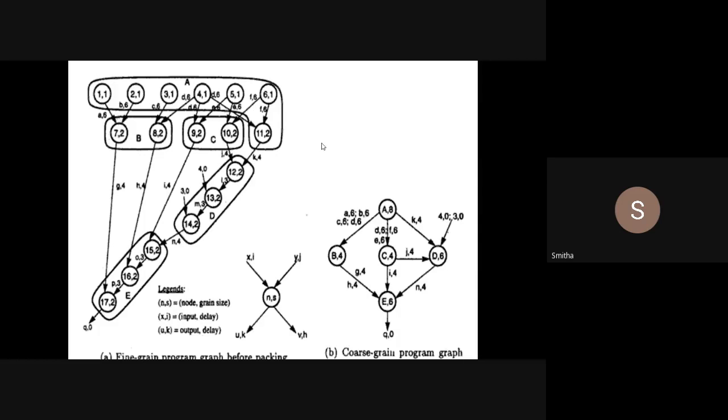Now if you see this, students, you will understand there are many interprocessor communications, and if you calculate the delay also, it will be more. So in order to avoid that, we are going for grain packing. How can I pack?